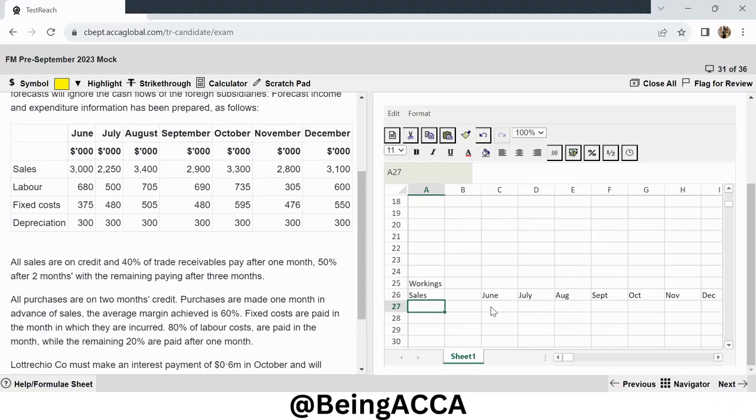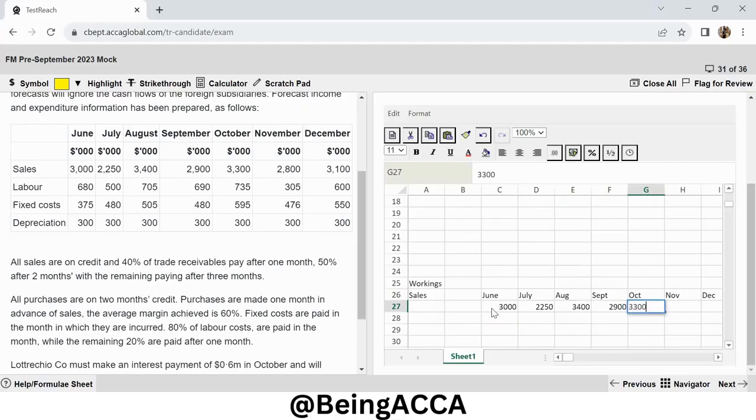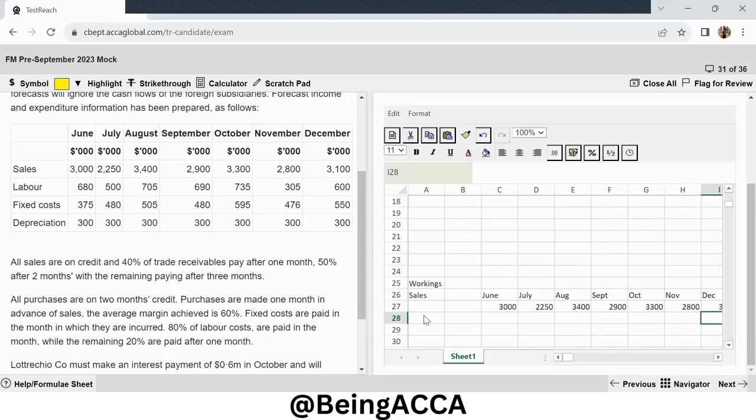Let's type out the figures first of all. This is 3,000. Then for July, I have 2250. For August, I have 3400. Then 2900. Then I have 3300. Then I have 2800. And then I have 3100. So these are the figures that I have been provided with.